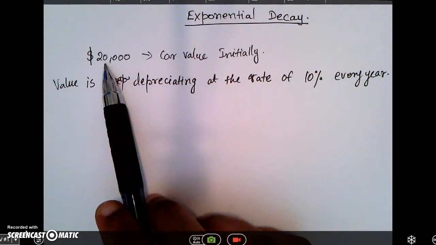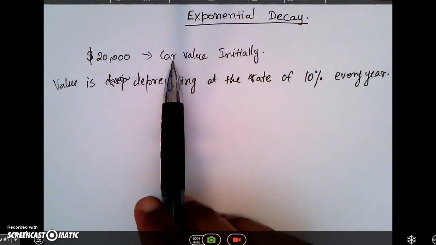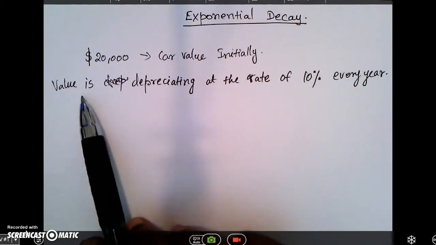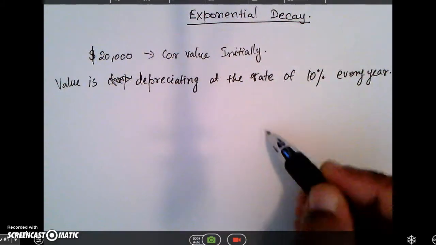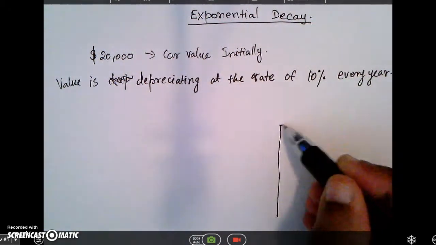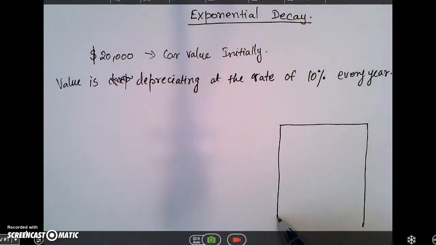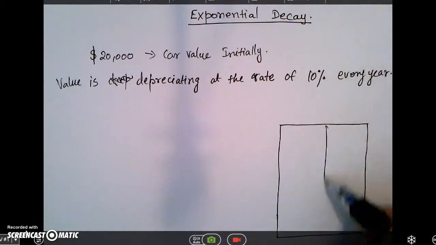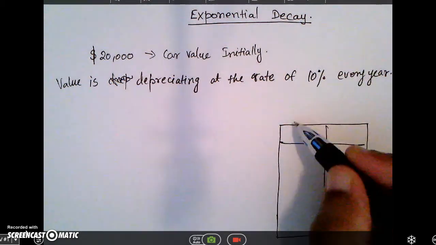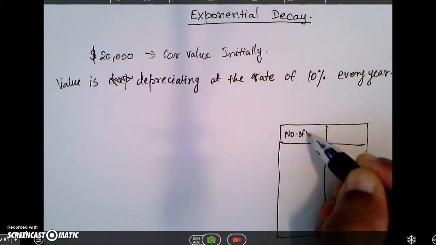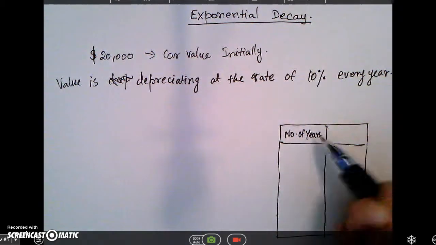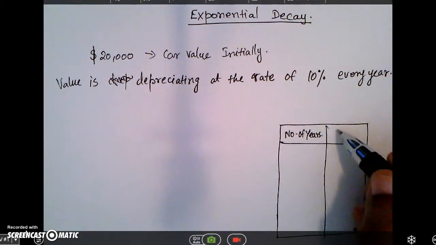So I started off with the value of the car as 20,000. I took the car out of the showroom and the value starts depreciating immediately. All right, so I'm going to make a table again. This time my input is the number of years, and the output is the value of the car.